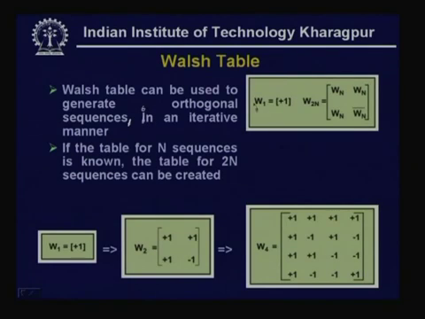How? W1 is +1, a one-dimensional matrix with only one entry, and W2 is a two-dimensional matrix with 4 entries. So W1, W2, W4 can be generated in this manner.